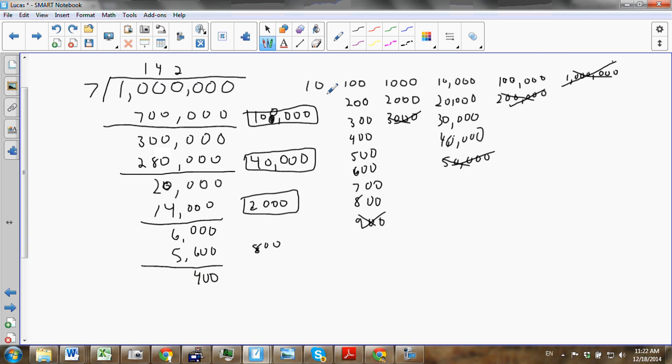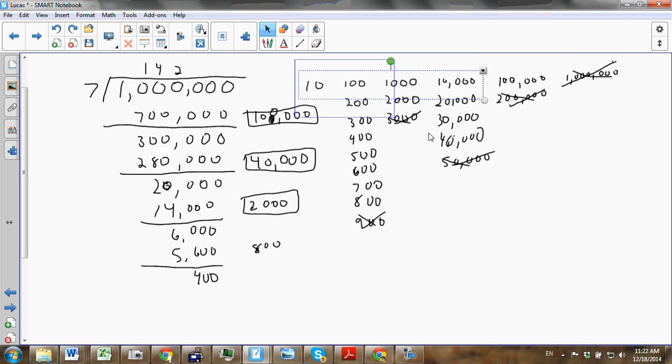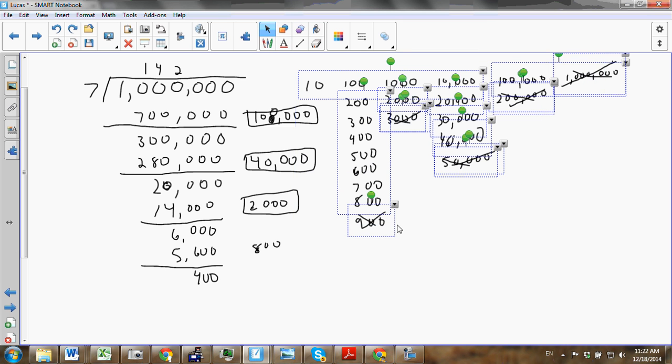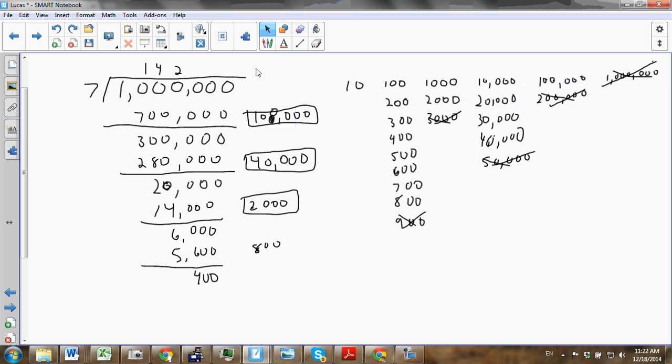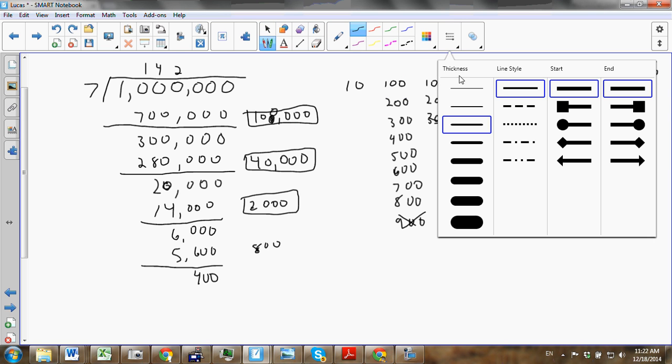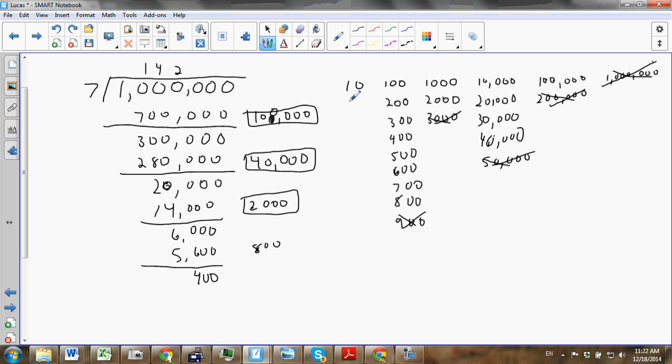Okay. How many tens of sevens can we take out? Well, 20 would be 140, 210, 280, still less than 400, 350, still less than 400, 420, too much.